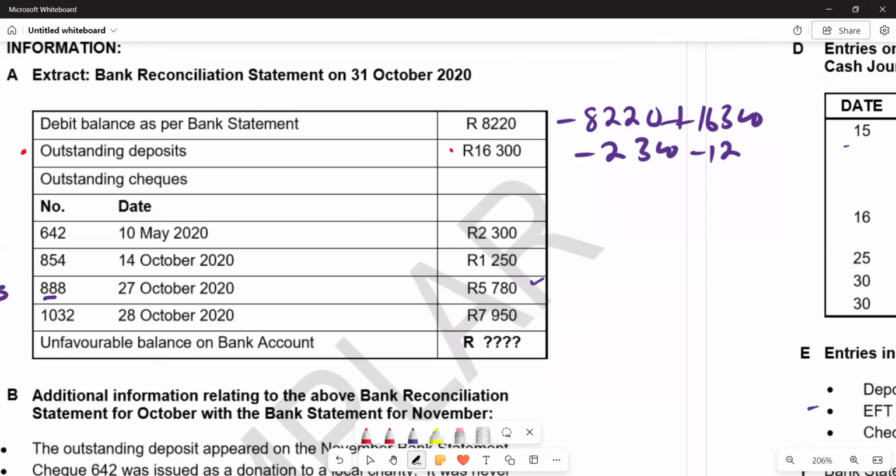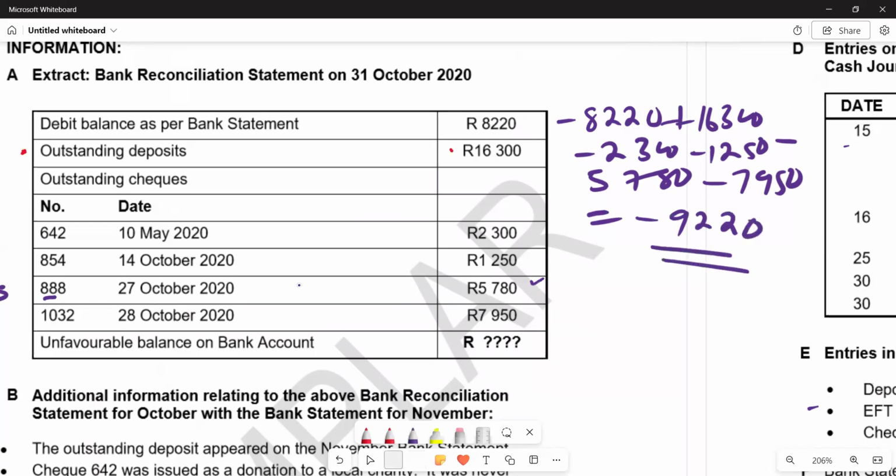Subtract 1,250. Subtract 5,780. Subtract 7,950. The final answer that you're supposed to get there should be a negative 9,220. So this is the balance that you are going to start with, a negative balance of 9,220 from the previous month's bank reconciliation. So this is the balance that is supposed to be here.